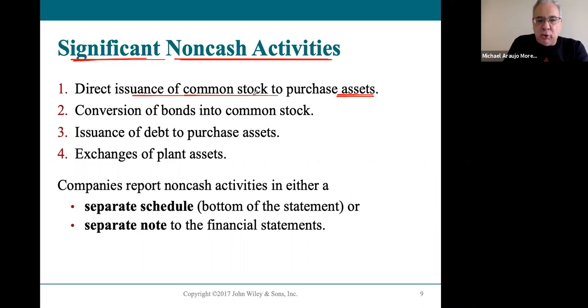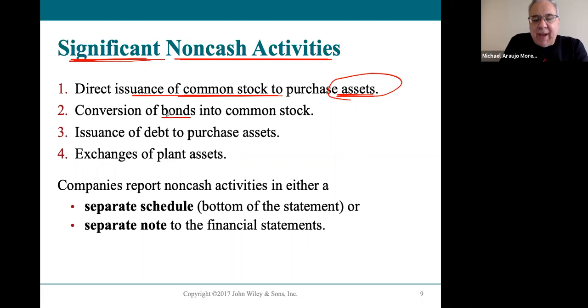They issue stock and use stock to buy the asset, so there's no cash involved. It's shares of stock for the asset. That would be a significant development because they just added a building, probably plant equipment. However, they didn't use cash to buy it, so it's a non-cash activity.